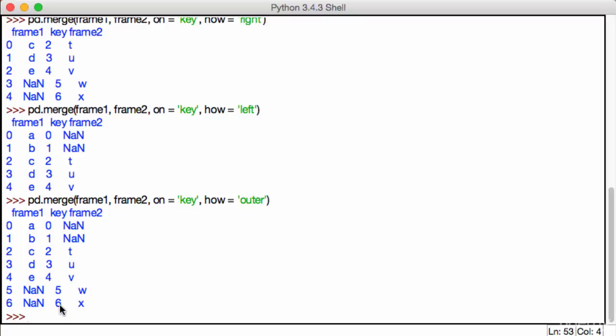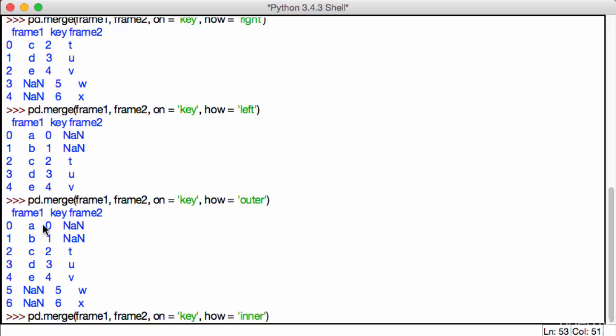So the full key list comes 0, 1, 2, 3, 4, 5, 6. Frame 1 is complete, frame 2 is complete, and at the places where the key couldn't find a value, that's where the NaN is coming, the null value. So outer is basically merging both data frames, and if there's no value, then that's fine.